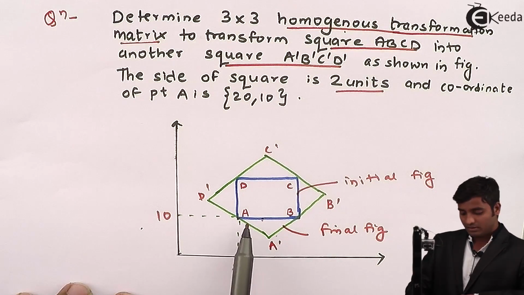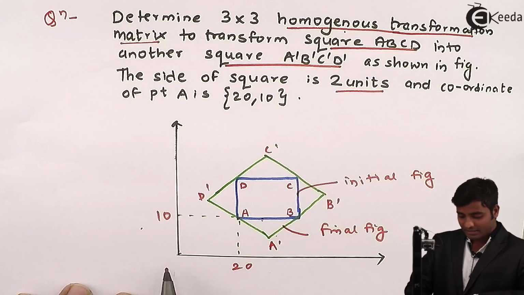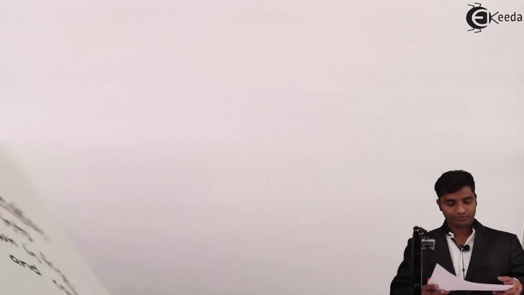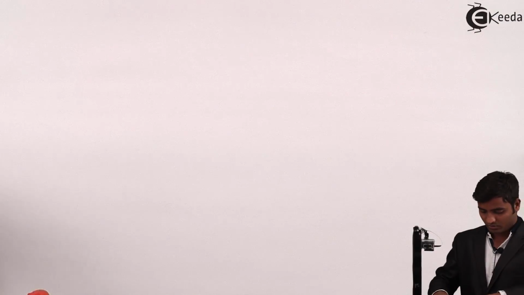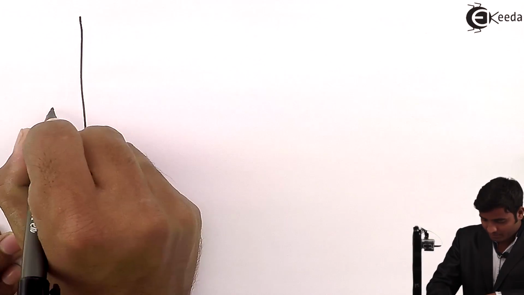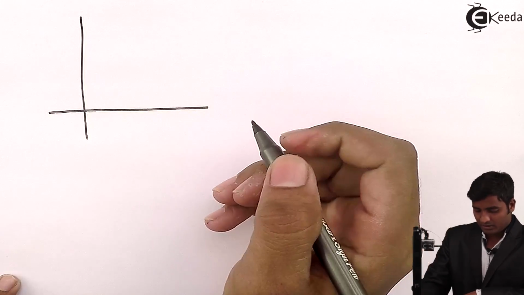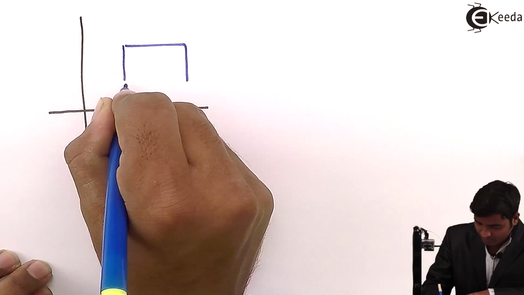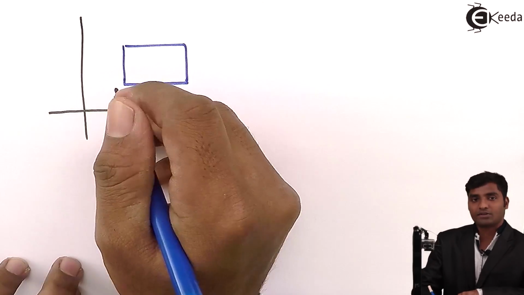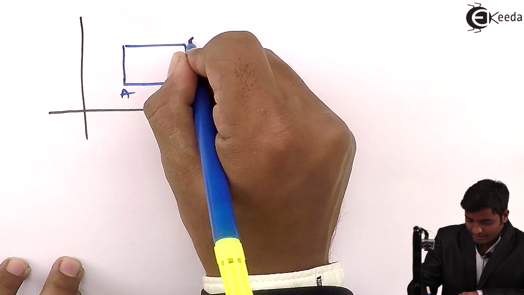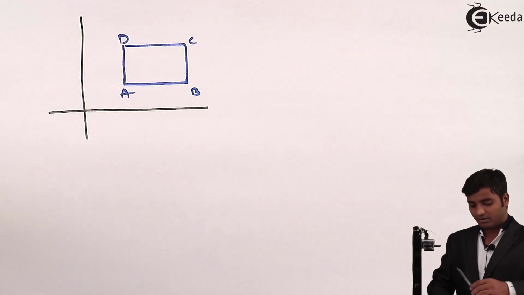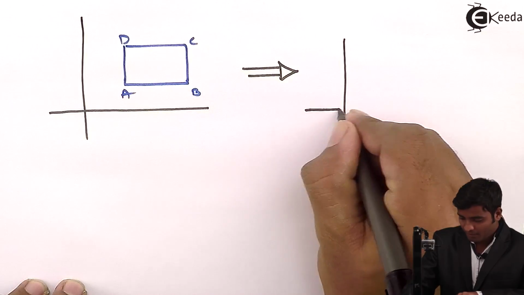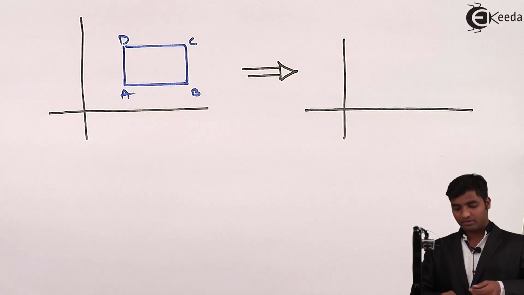So the square is away from the origin, which means that this is the square A, B, C, D, and it is to be transformed into another square.